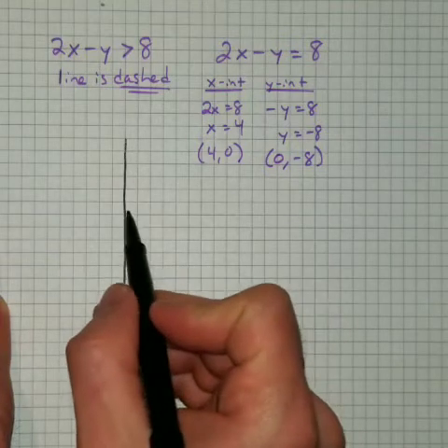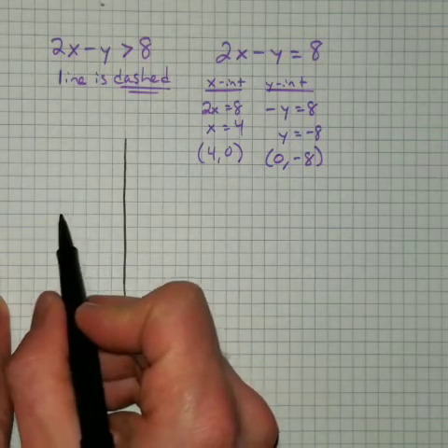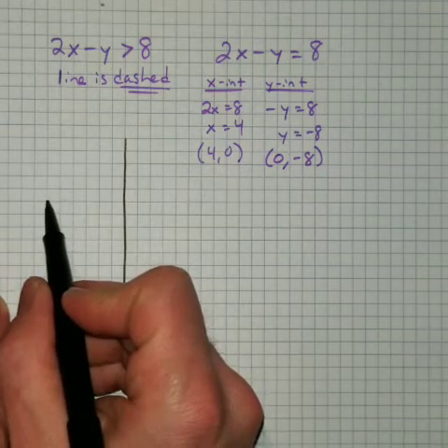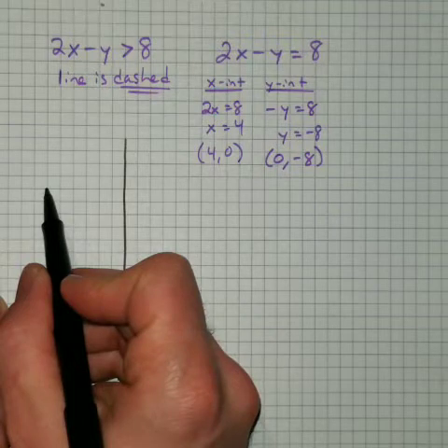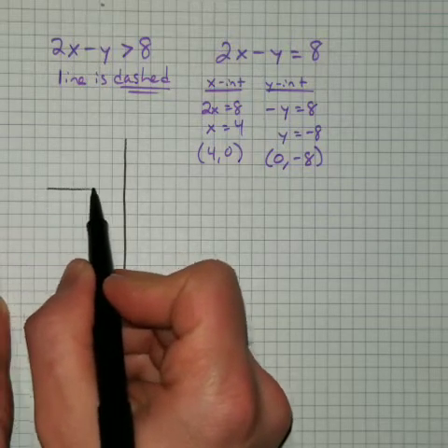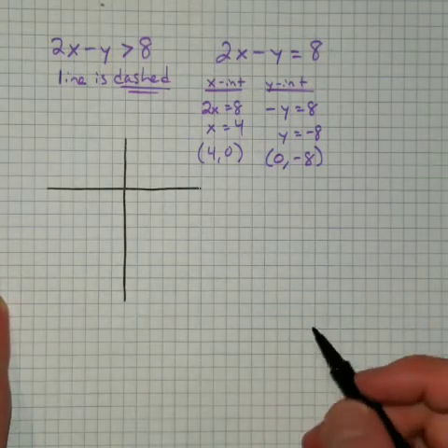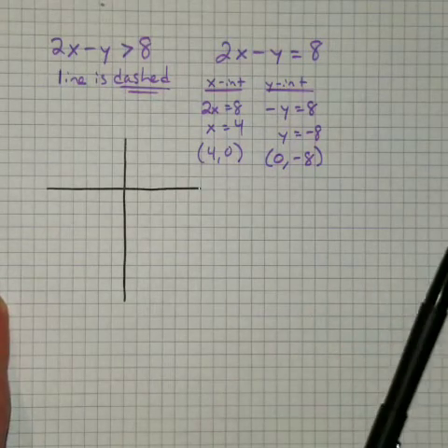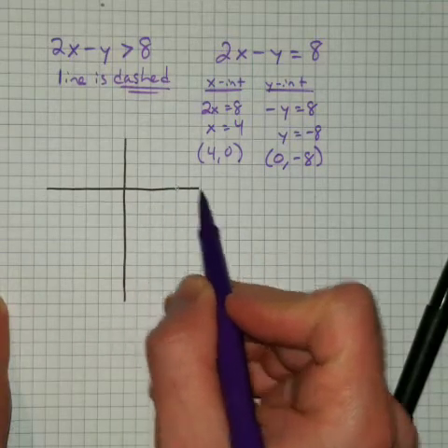I don't know how far down I need to go here. In fact, I may have moved that too far to the right, but that's okay. We'll make it work. That's probably good. I know that 4 is the x-intercept, so 1, 2, 3, 4.